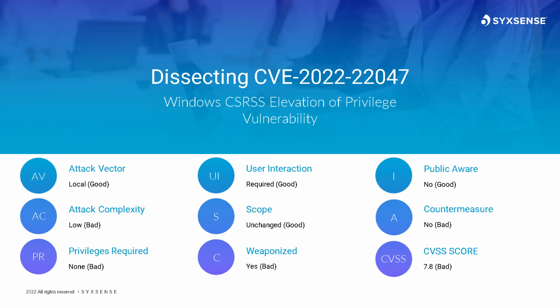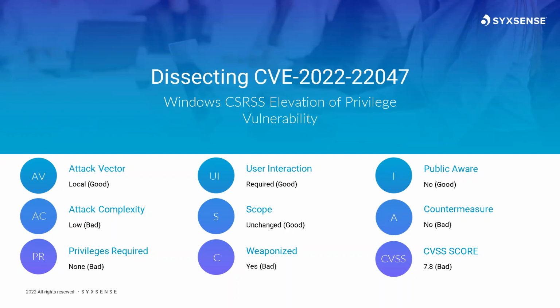2022-22047. This is the first of 2 vulnerabilities called Windows CSRSS elevation of privilege vulnerability. Now, an attacker who successfully exploited this vulnerability could gain system privileges.